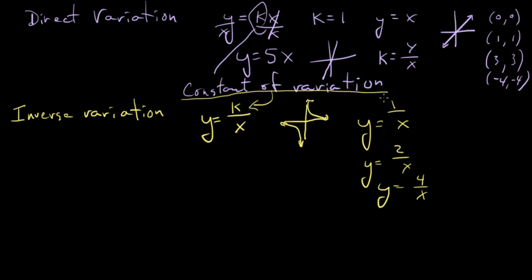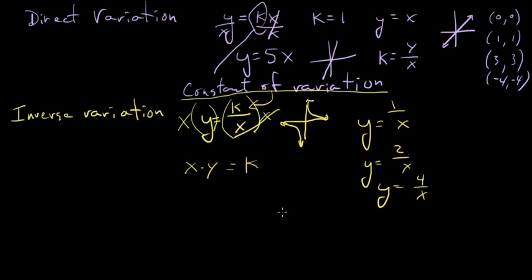So all you need to do to find k is multiply x times y, because if I multiply both sides of this equation by x, these two cancel, so I have k equals x times y.